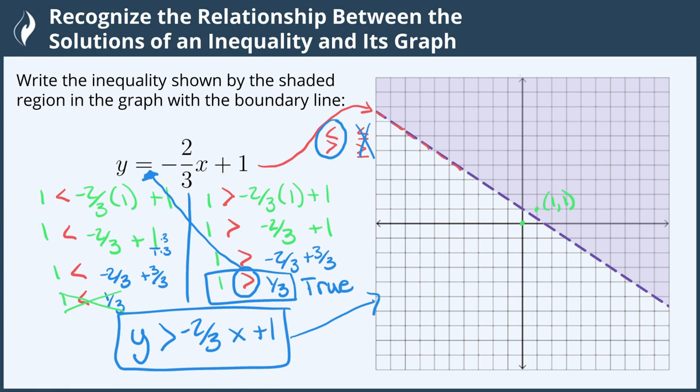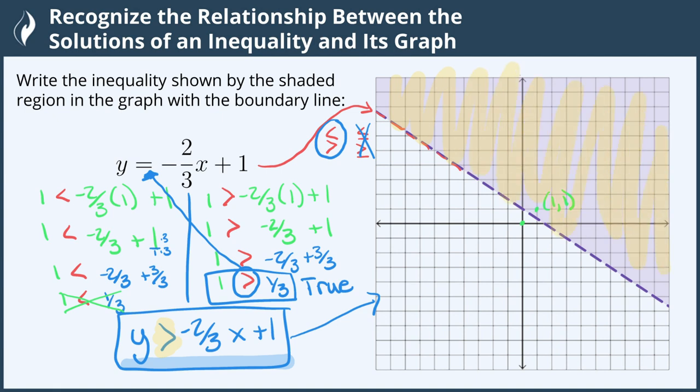There is a shortcut for finding the inequality or graphing an inequality if it is in the y equals mx plus b form. Only if it's y equals mx plus b, we can look at the inequality and know where to shade. In this case, a greater than sign means to shade above the boundary line.